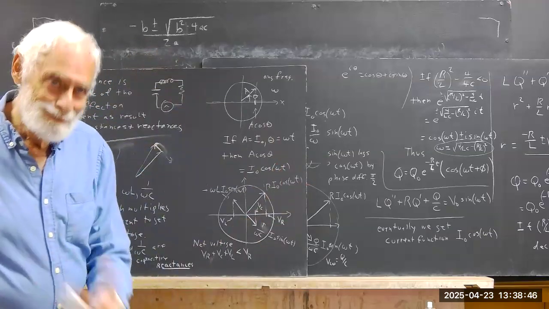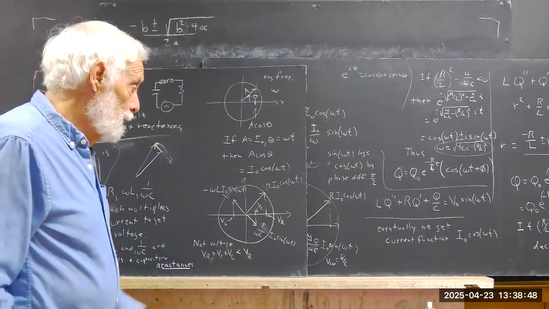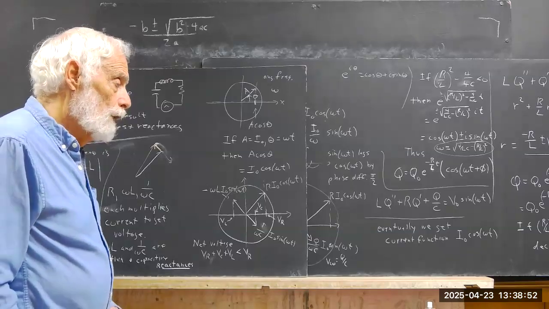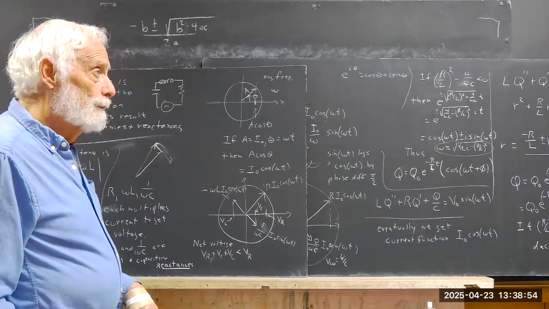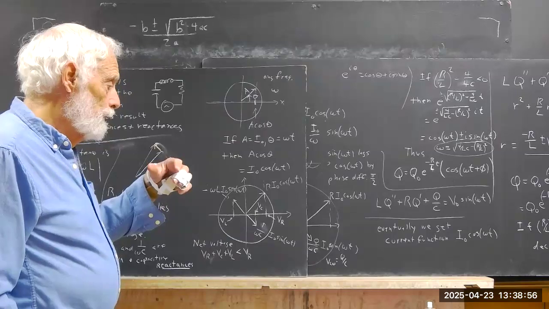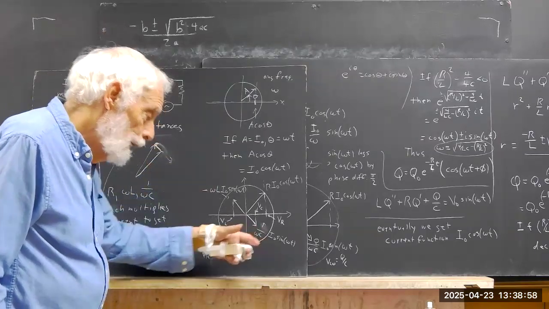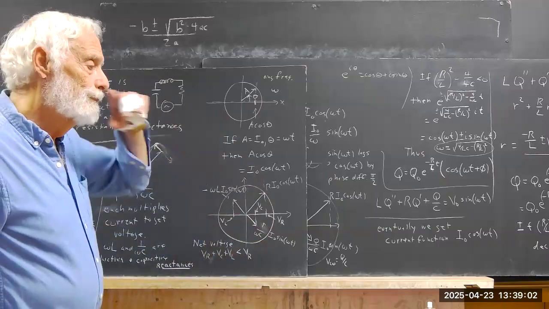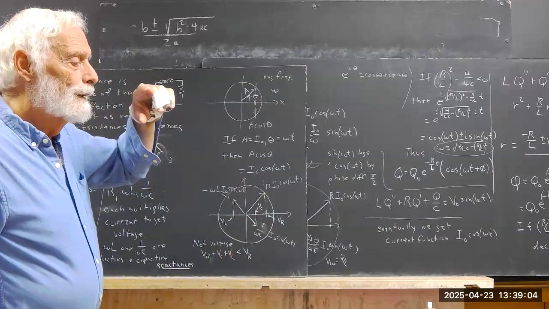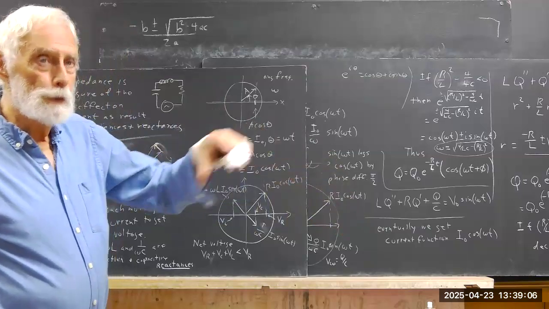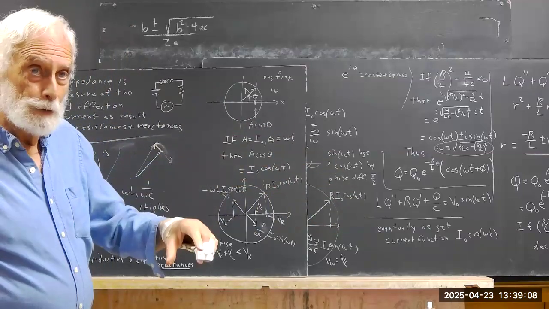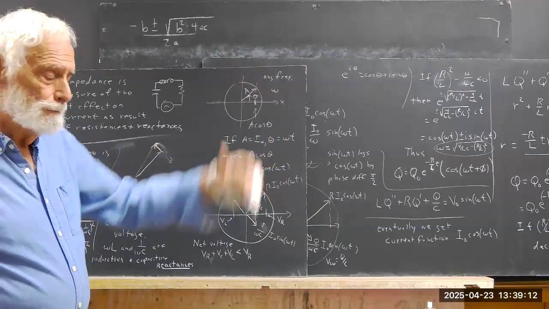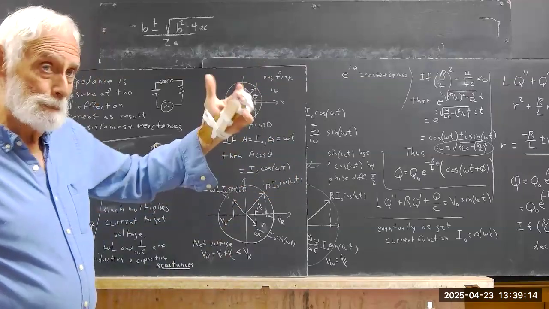The phases come about because the voltage of the capacitor, well, if you take the derivative of the charge on a capacitor, you get the current.